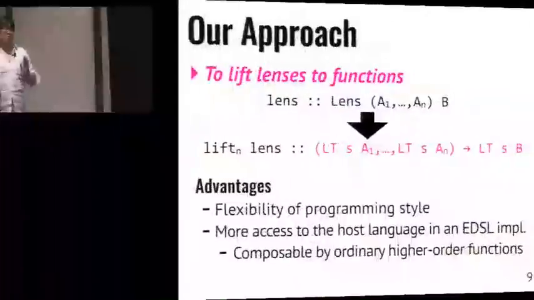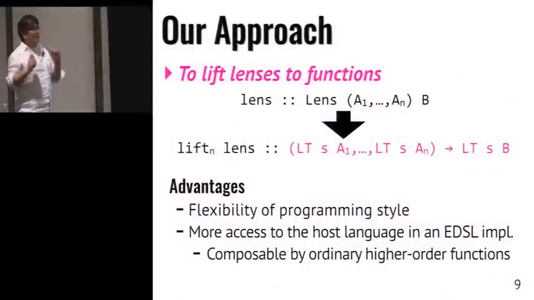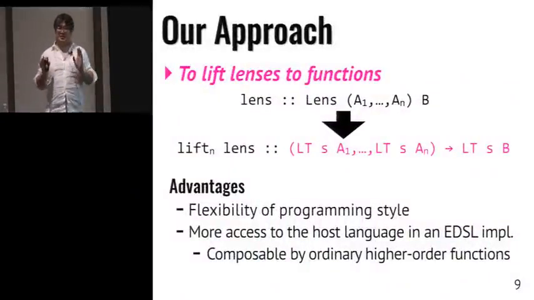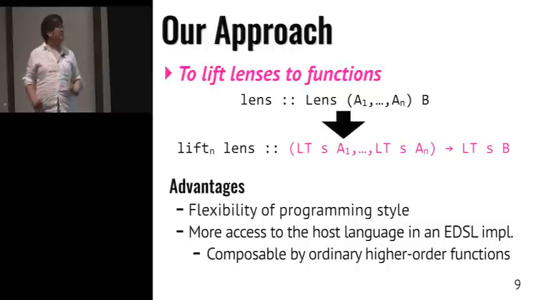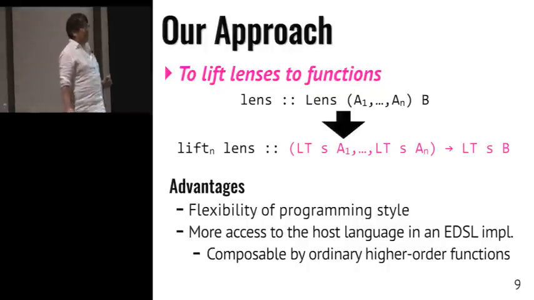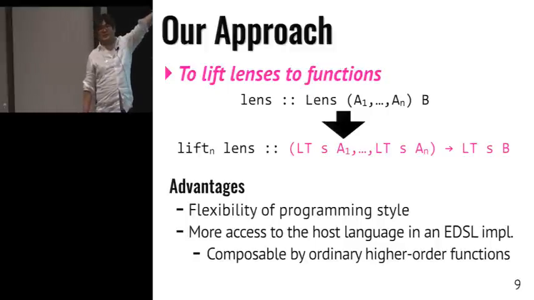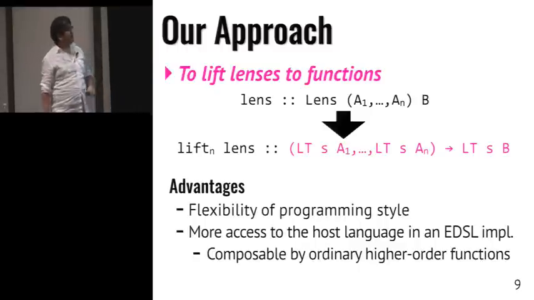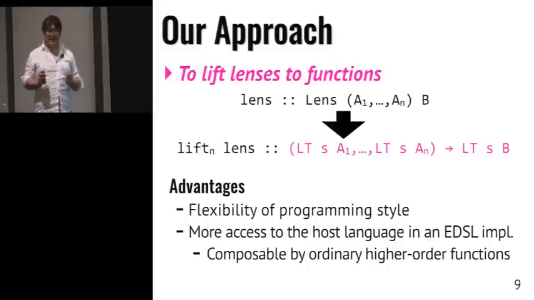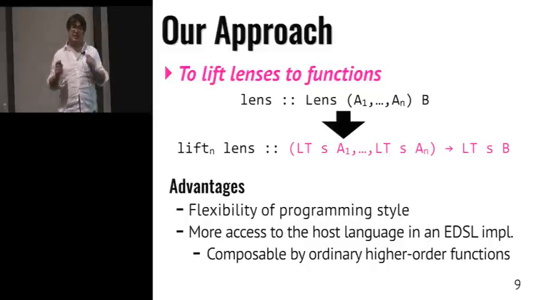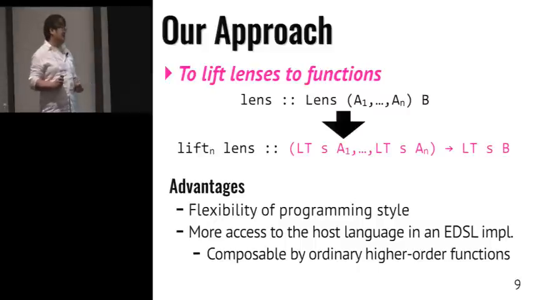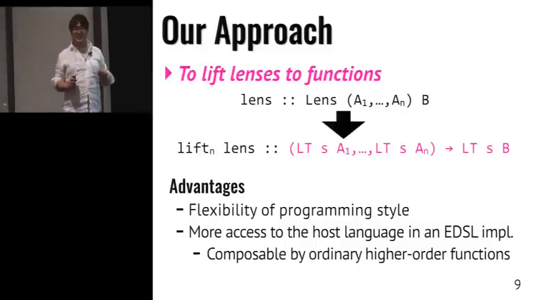Our approach to overcome this problem is to represent lenses as functions. Specifically, we provide a lift function that takes n lenses to produce n-ary functions. Since lenses are now represented as functions, we can freely use lambda abstractions and function applications, which leads to flexibility of programming style.